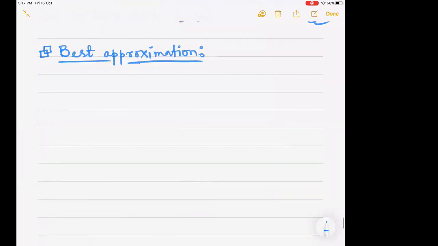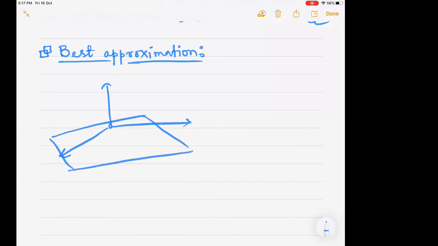So the topic that we are going to discuss now is best approximation. Suppose this is the plane that I'm interested in, say the x, y, z, so this is the xy plane.